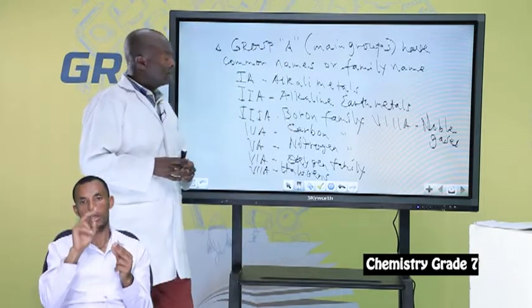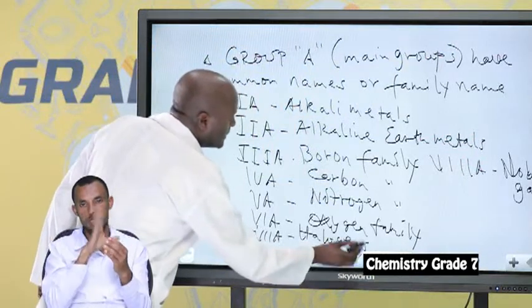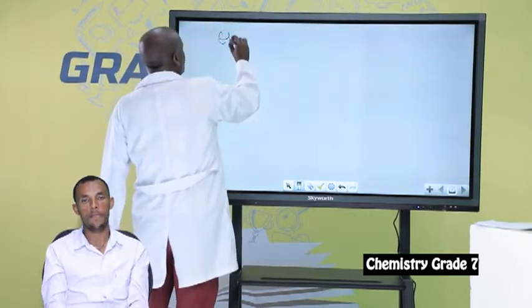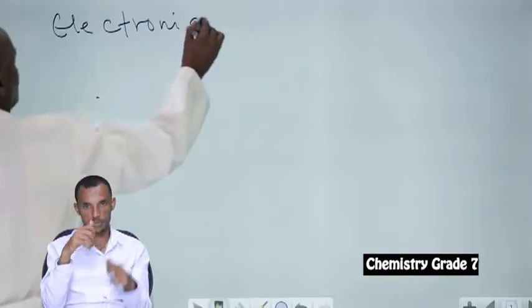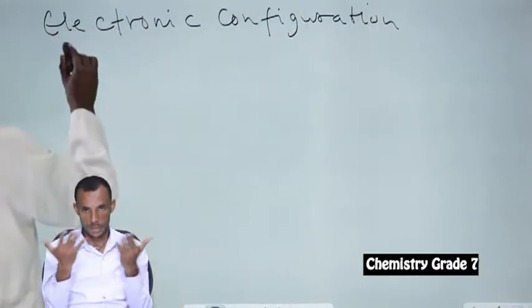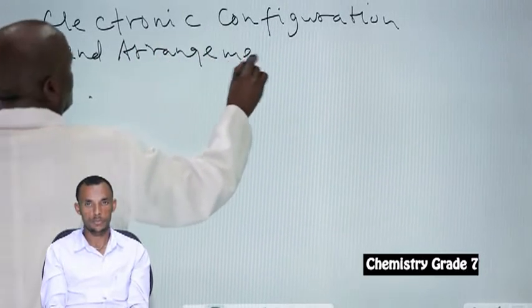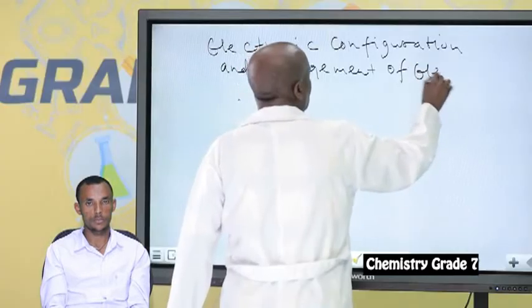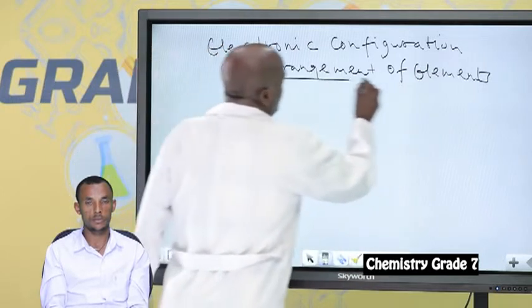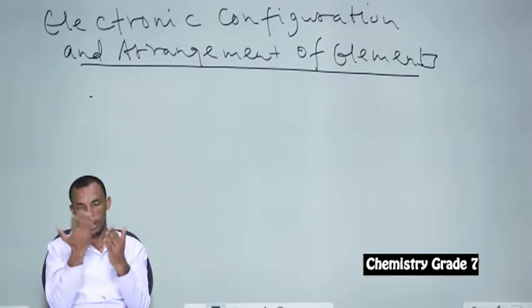Now let us discuss electronic configuration and the arrangement of elements in the periodic table.